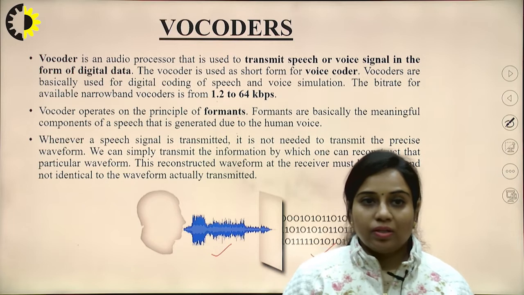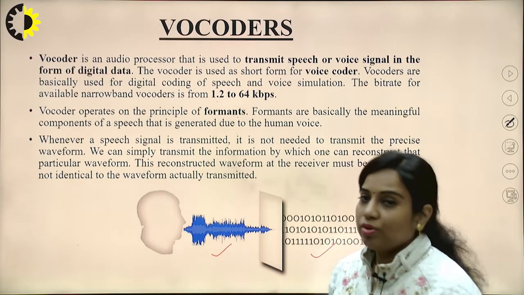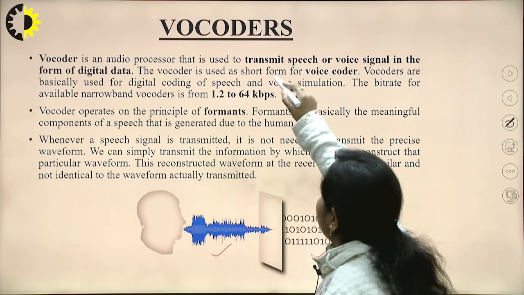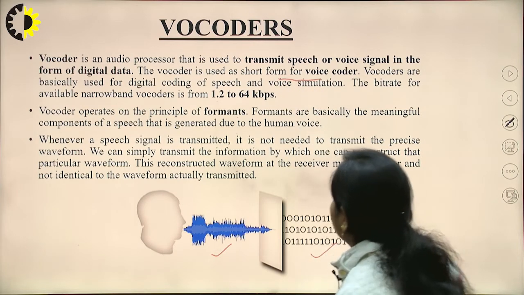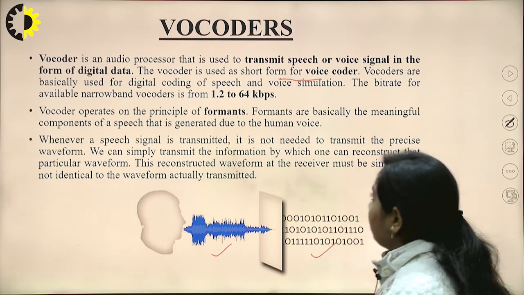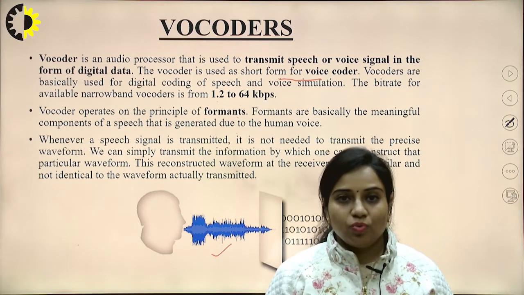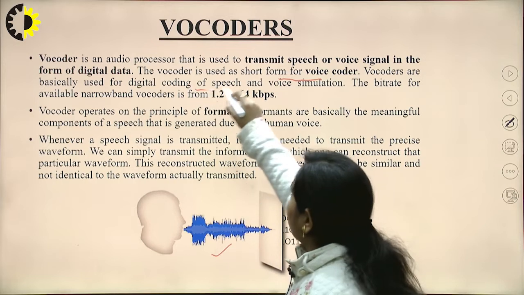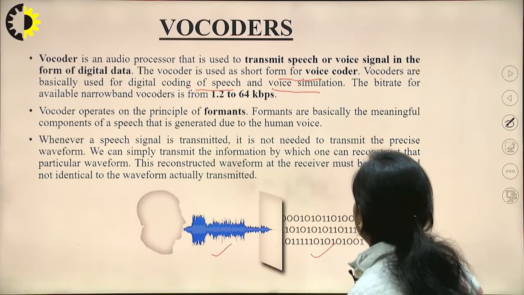A vocoder is an audio processor that is used to transmit speech or voice signals in the form of digital data. It is the short form of voice coder. These are basically used for digital coding of speech and voice simulation.